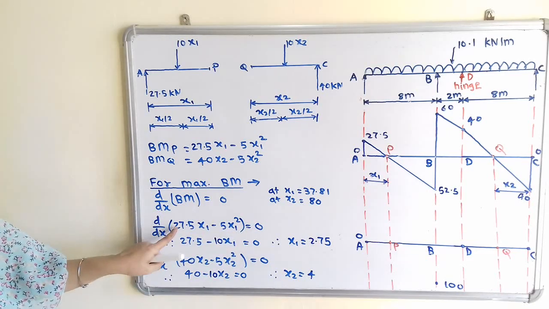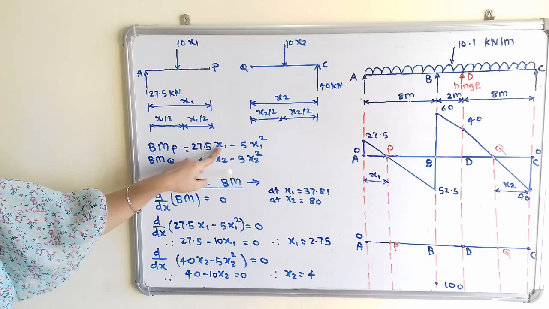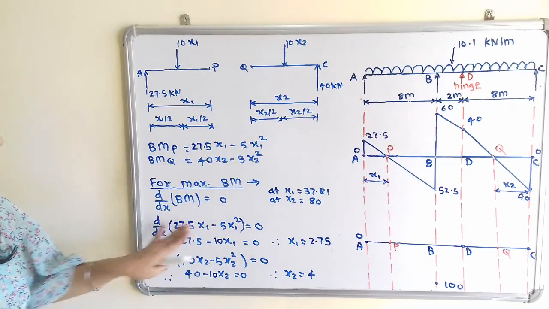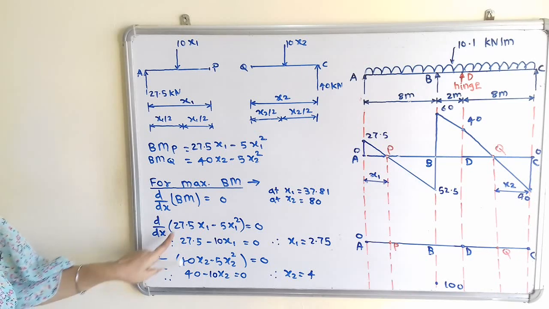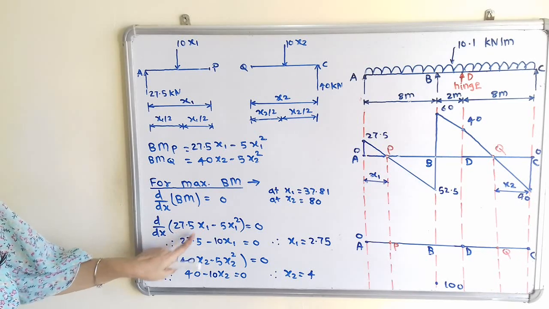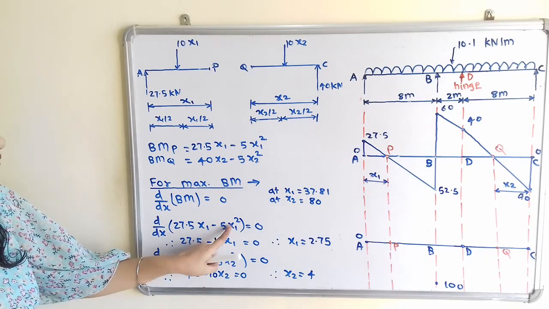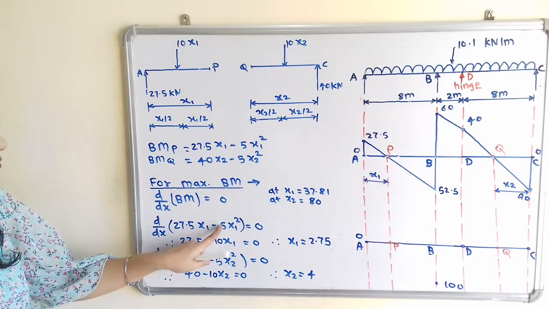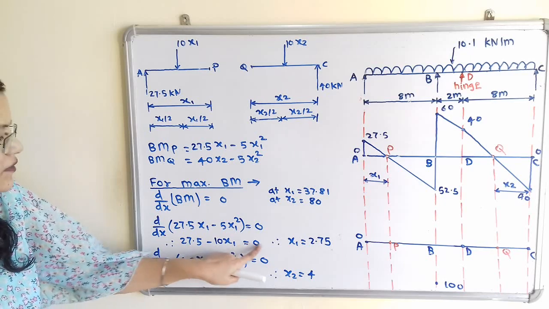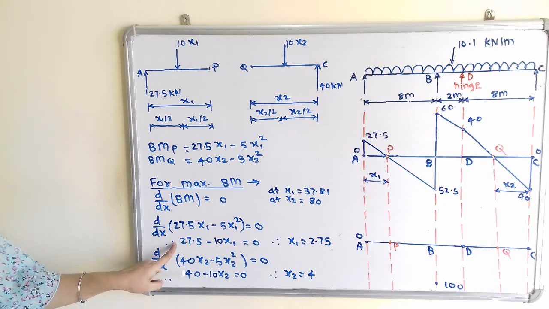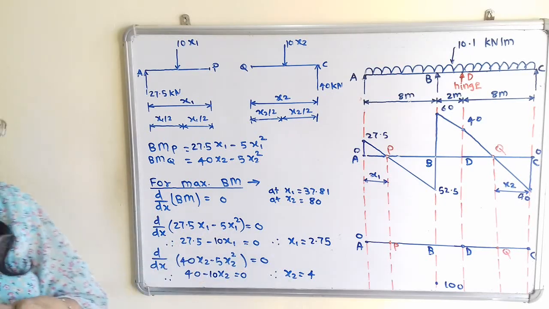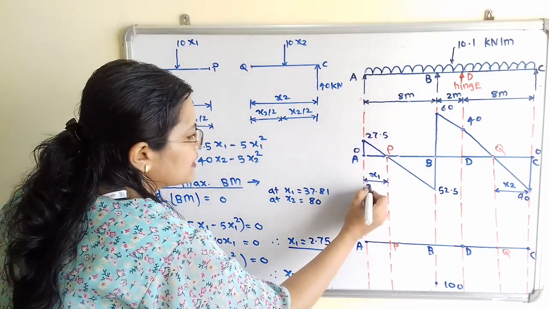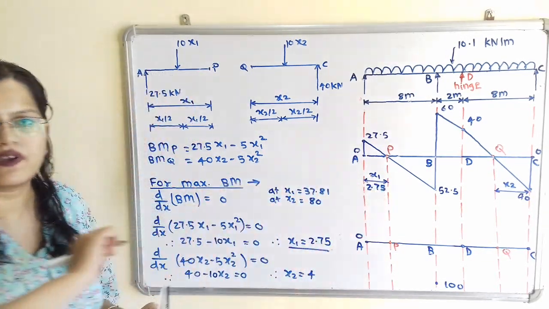So d by dx of 27.5 x1 minus 5 x1 square is equal to 0. So how to differentiate this? It is equal to 27.5 minus, now x1 square has differentiation 2x1, that is 5 into 2 minus 10x1 is equal to 0, and therefore the value of x1 is equal to 2.75 meter.